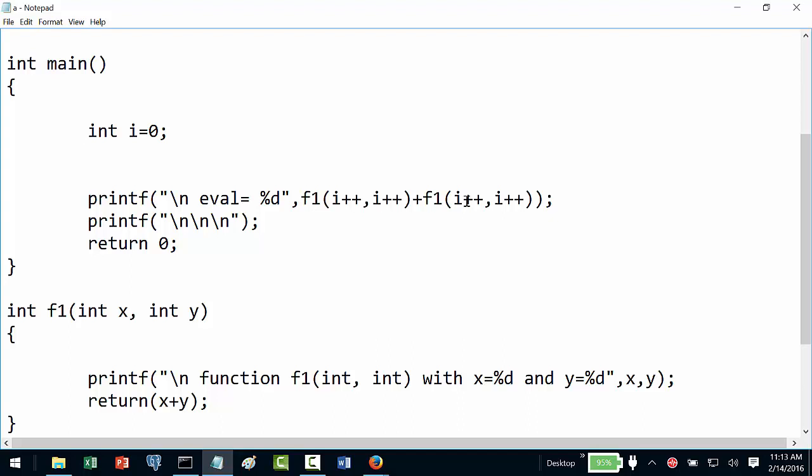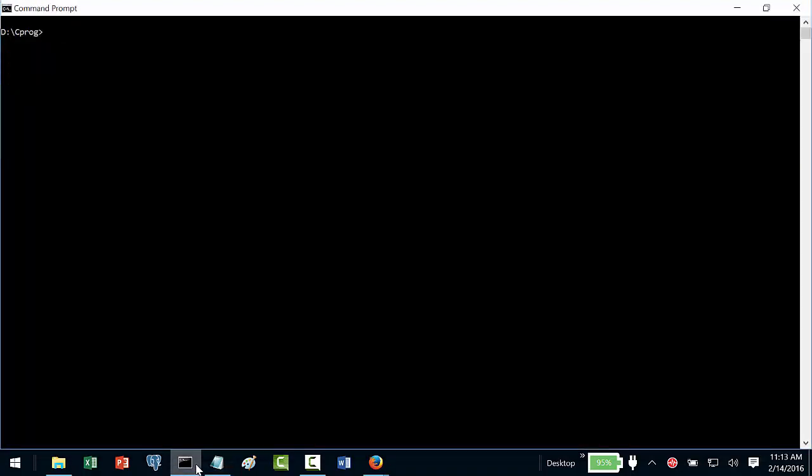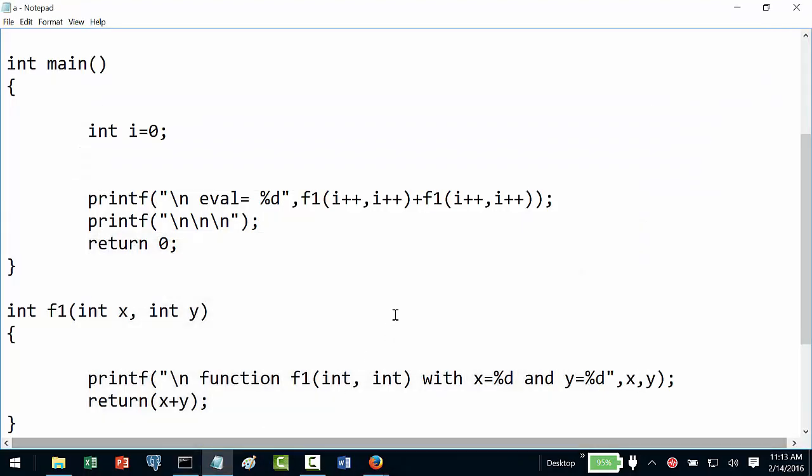And the value of this should be 2, because it got incremented, and this should be 3. So 0, 1, 2, 3: first function call should be 0, 1, second function call should be 2, 3. But we are not sure, we're just trying guessing games. First one is 1, 0, and second one is 3, 2. It's actually reversed. It did this and then did this. So it is not guaranteed.